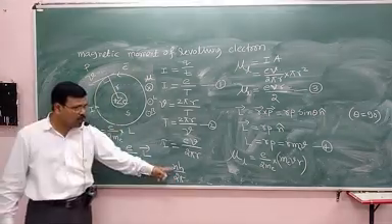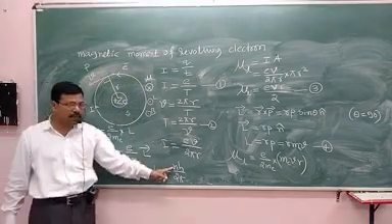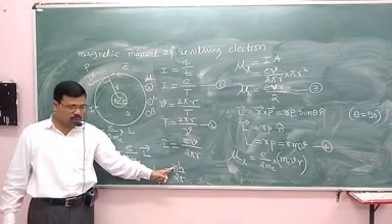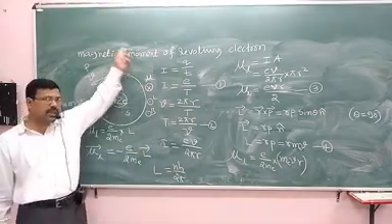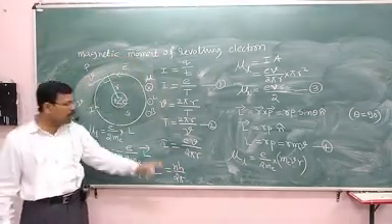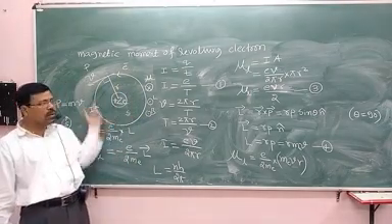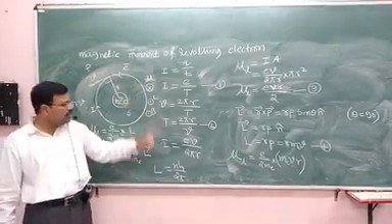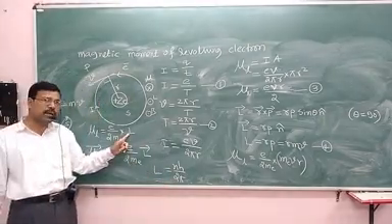If the electron is revolving in the first orbit, we put n equal to 1, h by 2 pi. If the electron is revolving in the second orbit, 2h by 2 pi. If it is revolving in the third orbit, 3h by 2 pi. But in this case, the electron is revolving in the first orbit, therefore it is 1h by 2 pi. Substitute that 1h by 2 pi here.